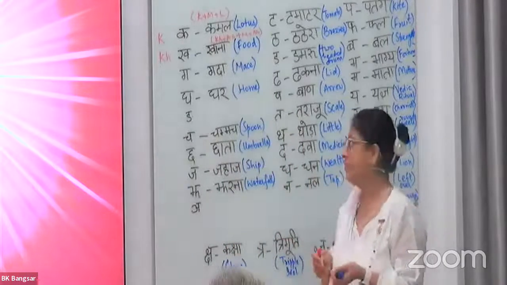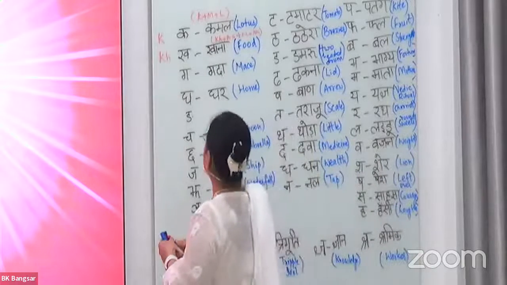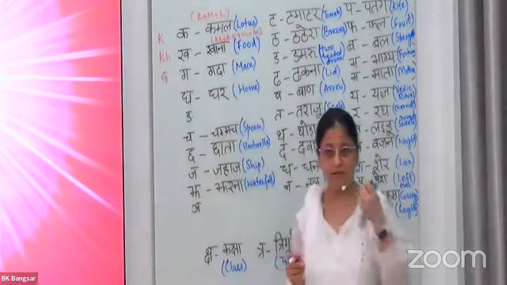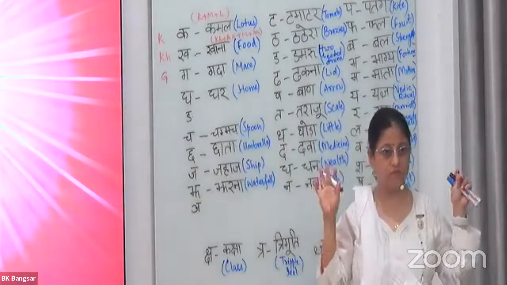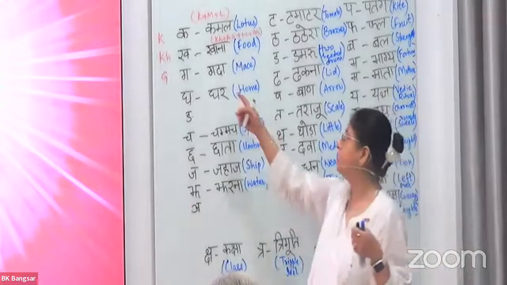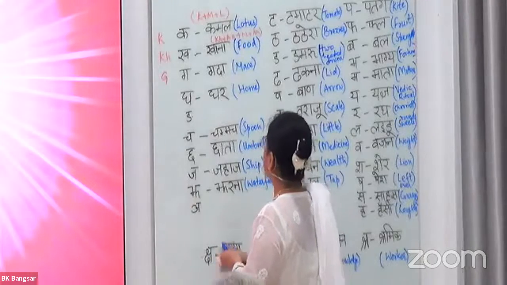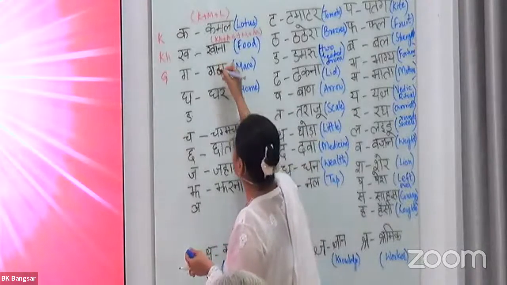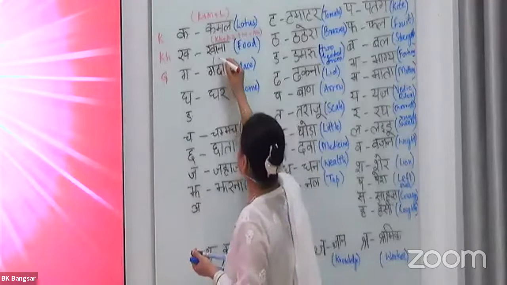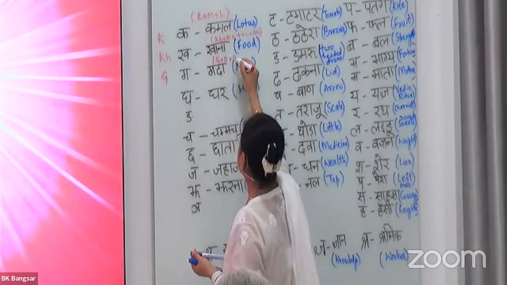Okay. Now the other one is g. G. So Vishnu Chaturbhuj has that gada. So that's how you pronounce gada, which is mace. And how would you pronounce this? G, da.